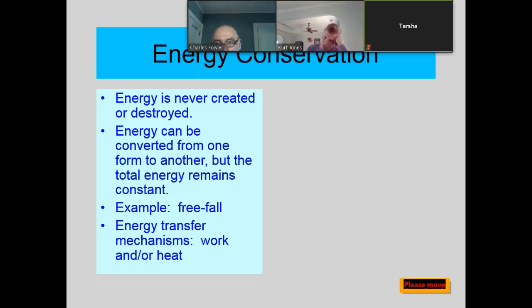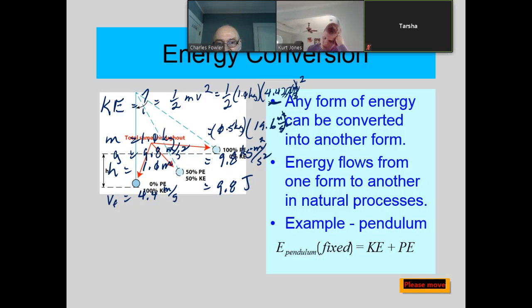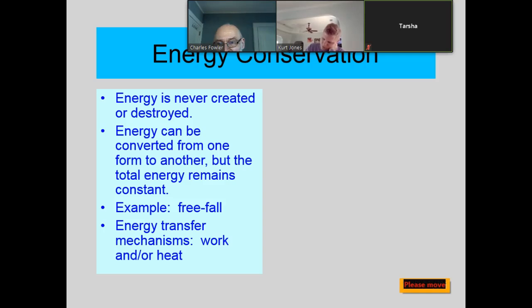And remember back when we had this slide? It said any form of energy can be converted into another form, and I wanted to say most forms. The reason I said that is most of the time you can't convert that low-level wasted heat energy from friction into any other form. Maybe you can, but most of the time you really can't.